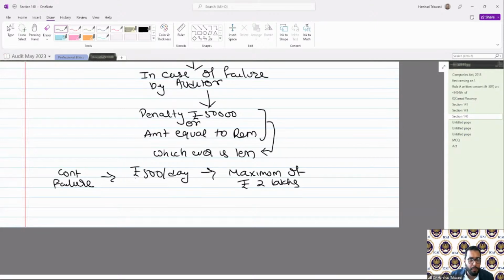Okay. For continuous failure or continuing failure, the penalty is 500 rupees per day, or rupees maximum 2 lakh. So these are the penalty amounts.